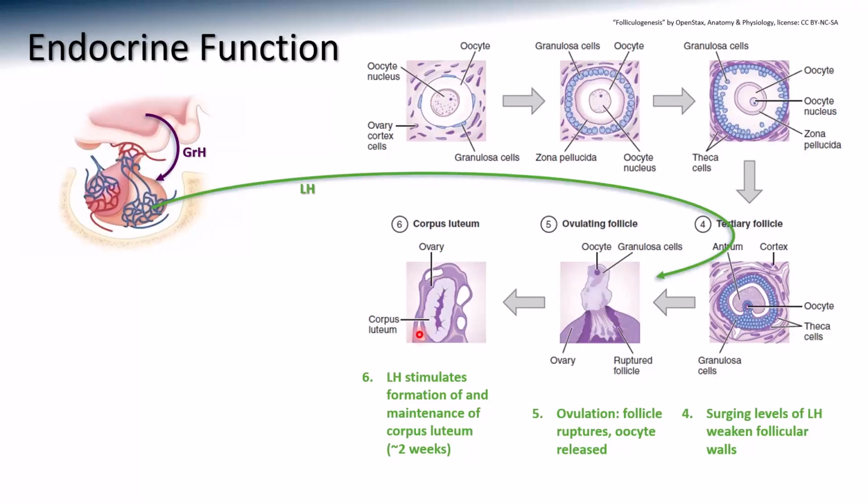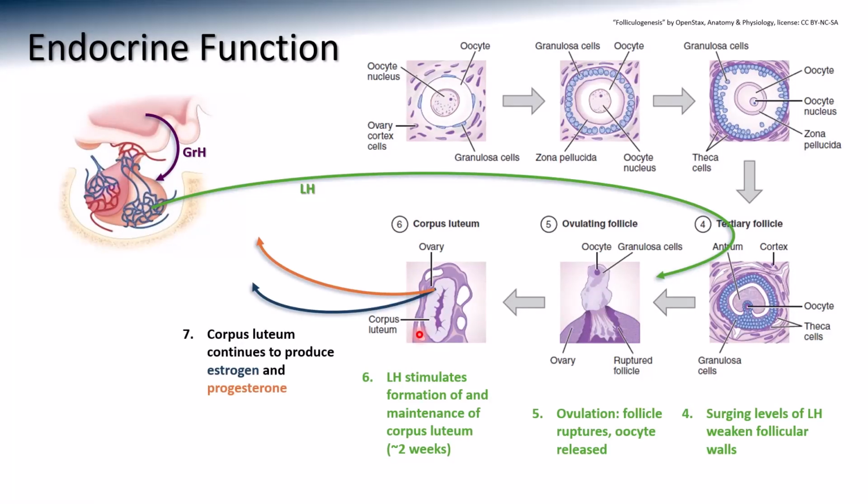And the corpus luteum is a cluster of endocrine cells that will continue to produce estrogen and progesterone for the next 2 or so weeks, which is roughly how long it can take the oocyte to move through the rest of the reproductive tract. So they keep enough estrogen and progesterone going just to maintain the uterine lining for those 2 weeks. And then once those 2 weeks are finished, the corpus luteum will kind of collapse in on itself and become a scar tissue.